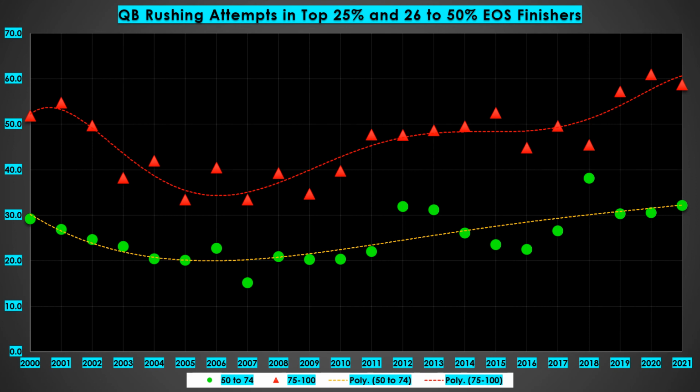There has been some discussion about when quarterbacks should and shouldn't rush. I think there's probably a shift in age, that the younger quarterbacks are probably rushing more than the more aged quarterbacks who are trying to be more pocket passers and stay in.